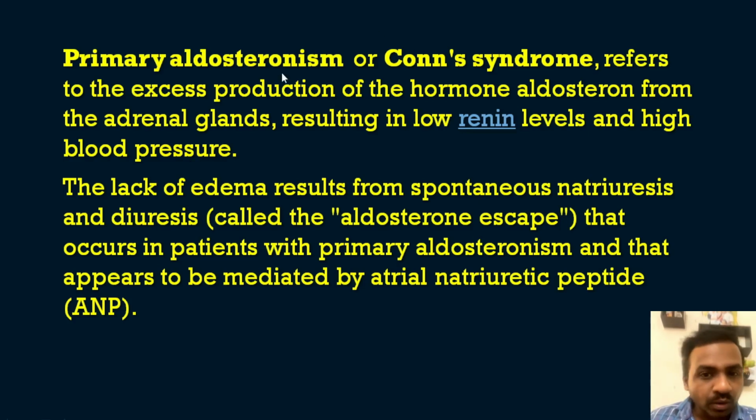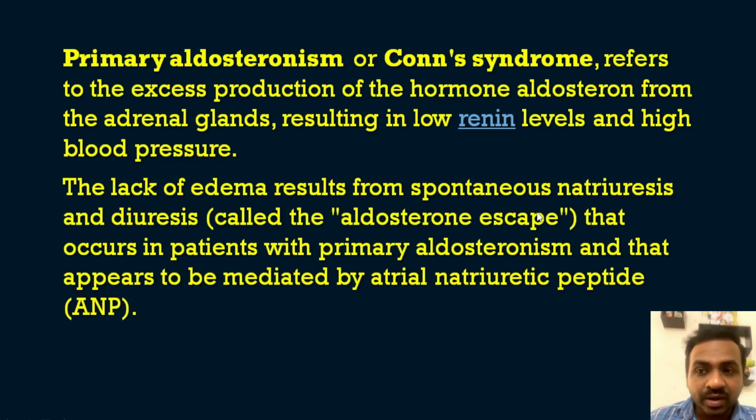First you can go through that, then you can understand it better. In primary aldosteronism there will be lack of edema. Why? It results from spontaneous natriuresis and diuresis. This is known as the aldosterone escape.